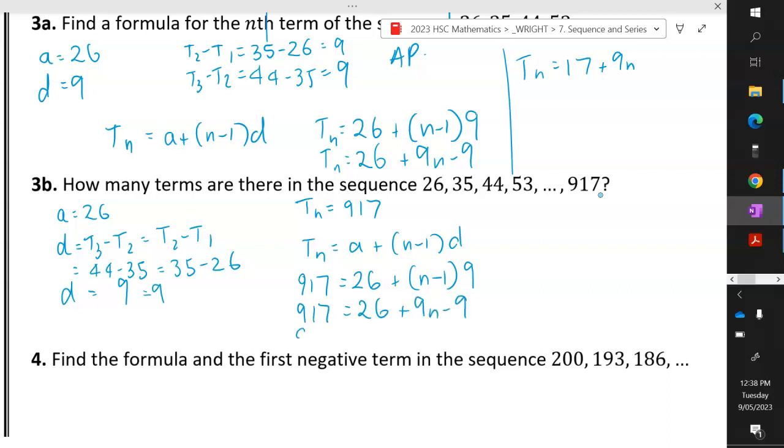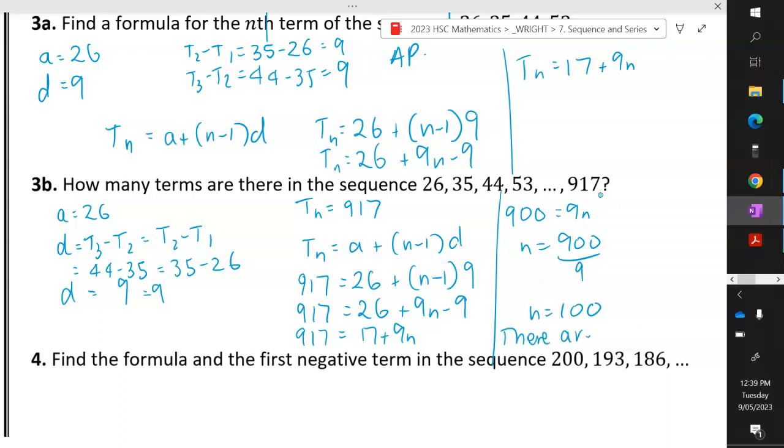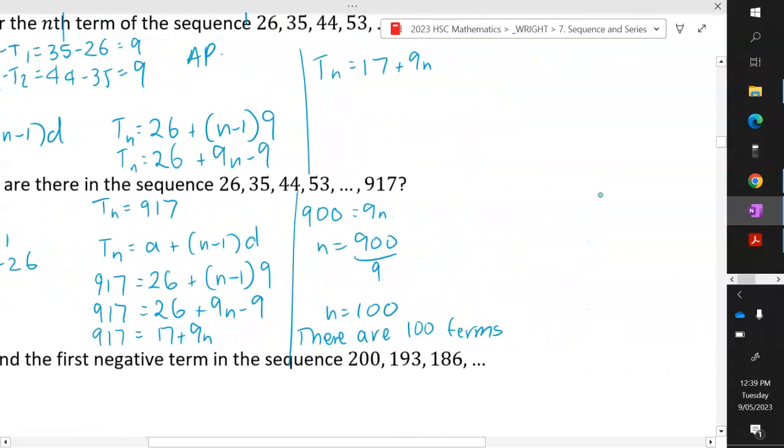Let's gather like terms. 917 is 26 minus 9, which is 17, plus 9n. Let's take 17 from both sides. So 900 is 9n. n is going to be 900 divided by 9. n is 100. So I'm going to write a sentence there. There are 100 terms in this sequence.